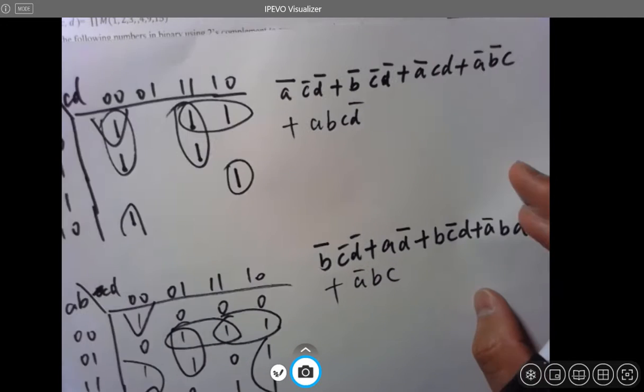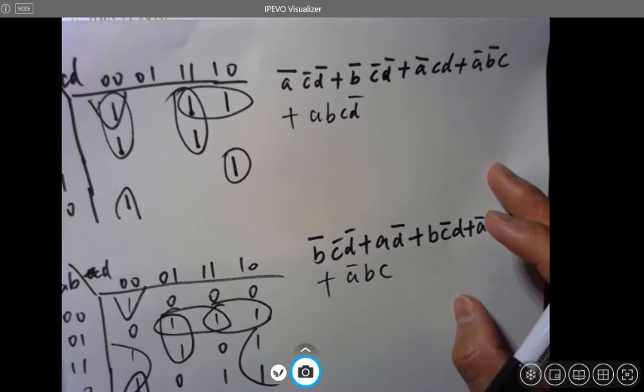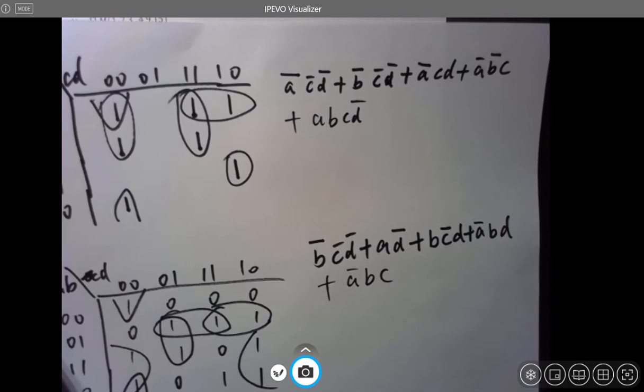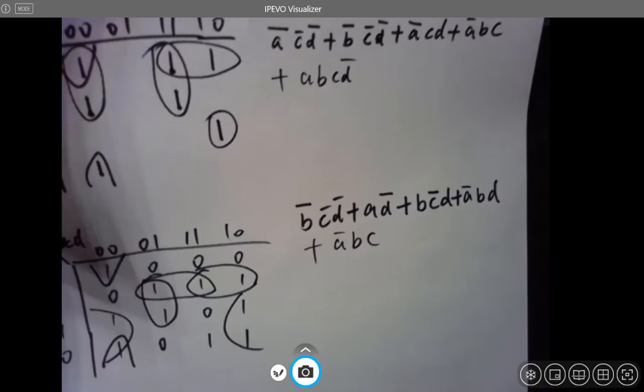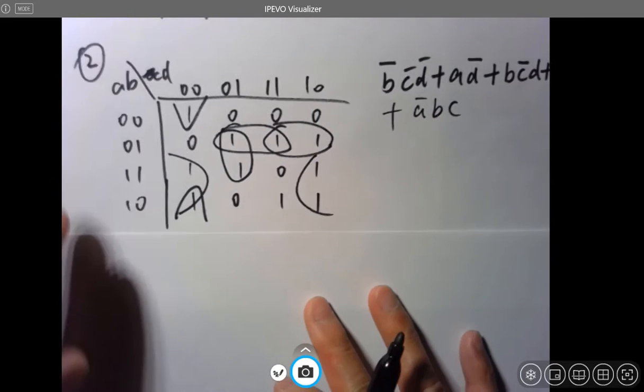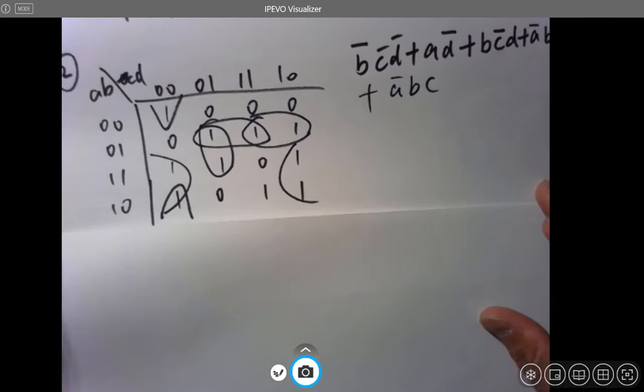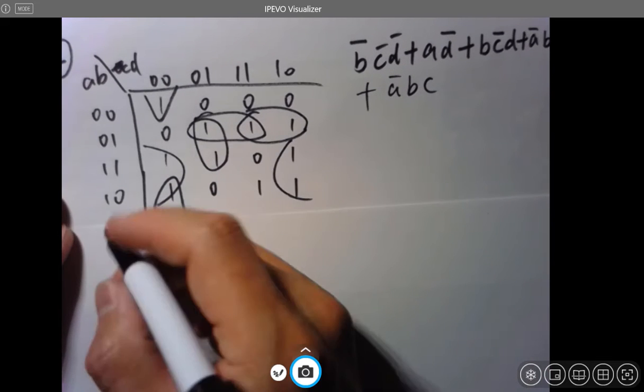You must be wondering, if you group all the zeros, how can you get a POS from it, right? So when you are working on zeros, you group zeros and you want to convert them into a POS directly.